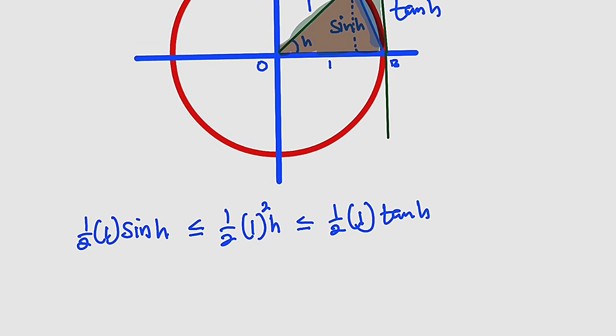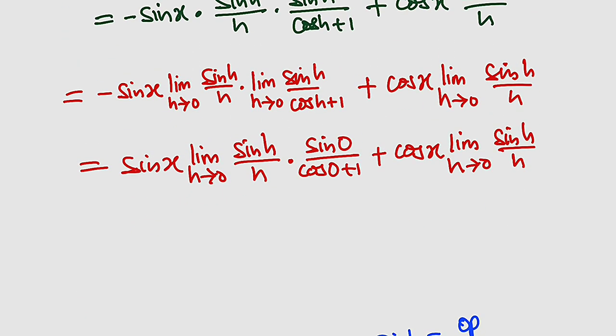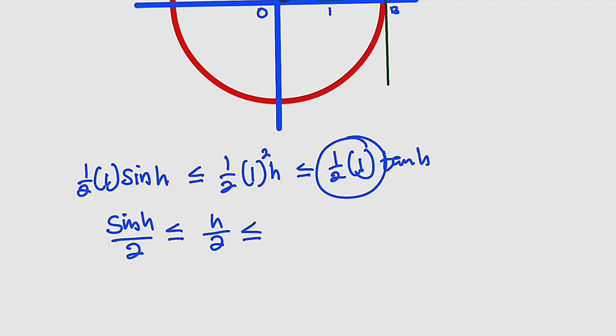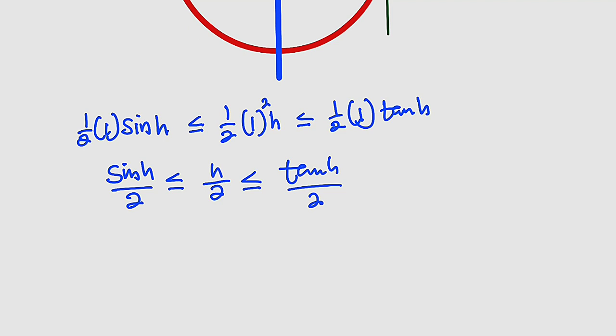So we are establishing a relationship that will give us sine h divided by h here. 1 over 2 times 1 is still 1 over 2 times sine h will give us sine h divided by 2 less than or equal to 1 squared is 1 times half is half times h is h divided by 2 less than or equal to half times 1 is half multiplied by tangent h, that is tangent h divided by 2. So we can multiply every single term by 2 just to clear the fractions.